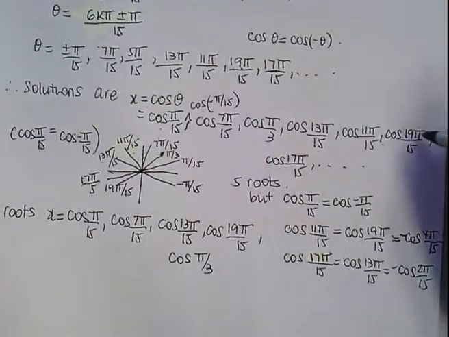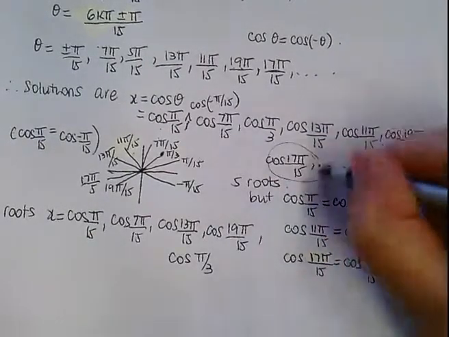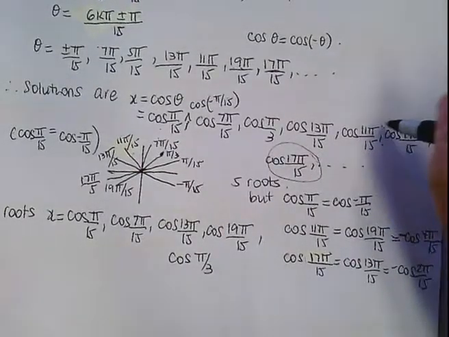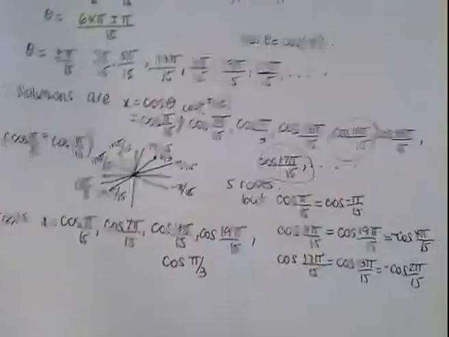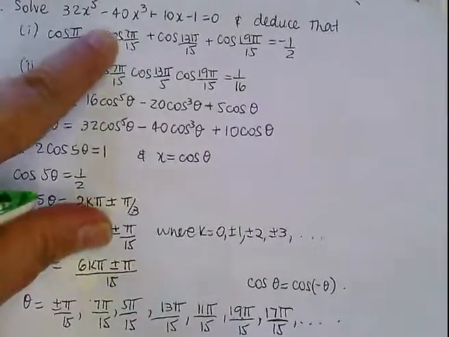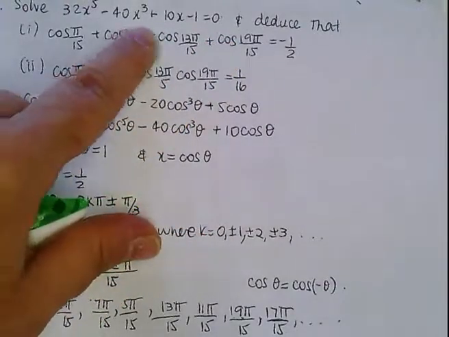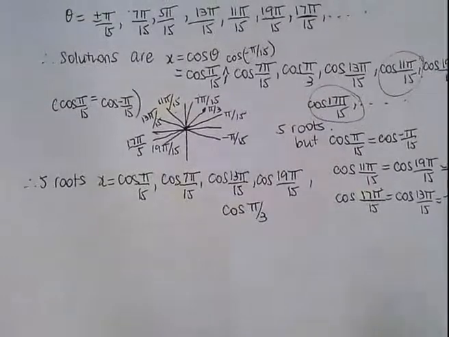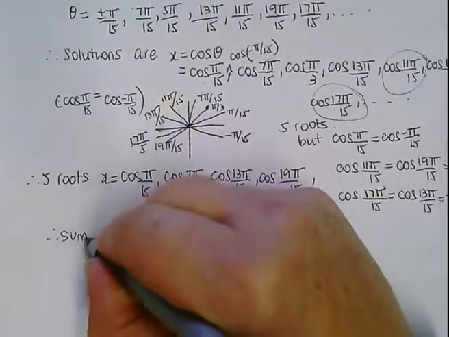Okay, so we're not going to use 17 pi on 15, that's a double up, and the cos of 11 pi on 15 is also a double up. The reason we've chosen those is that when they look at the sum of roots up here, they don't use 11 pi on 15 and 17 pi on 15.